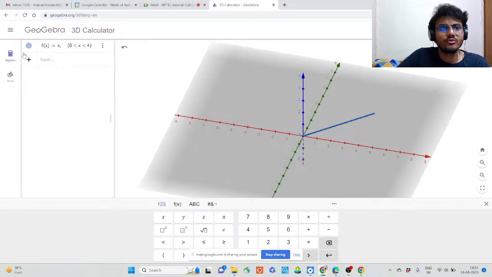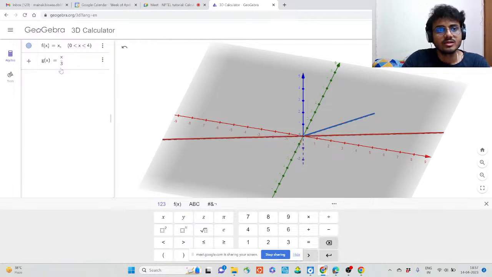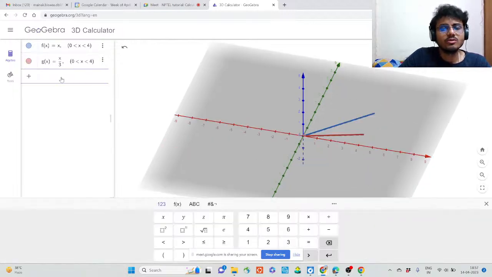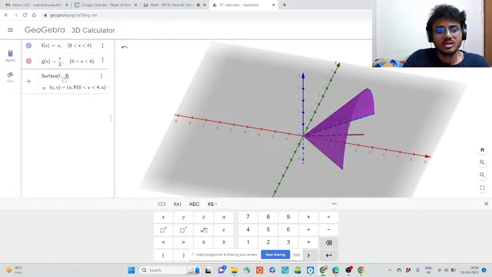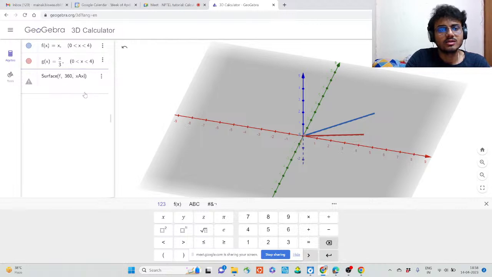G of x is equal to x by 3 between 0 and 4. Agreed? Next, what will I do? Surface, as I had shown you, f, 360 degree, x axis.